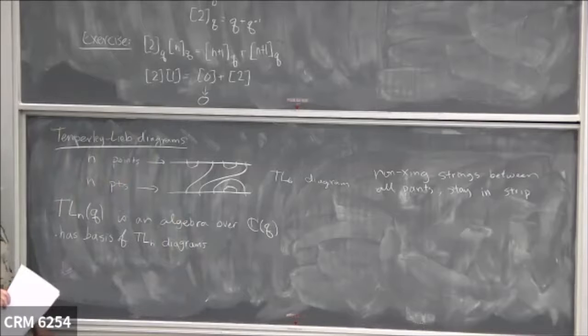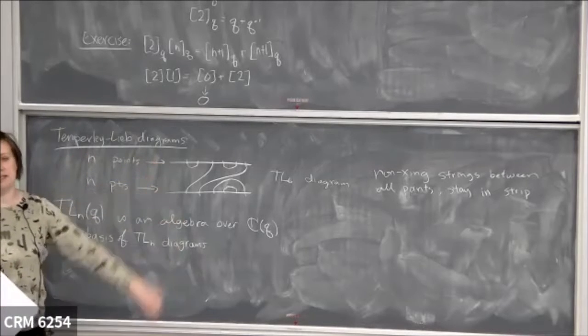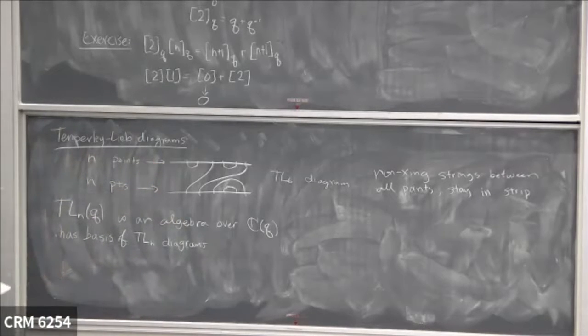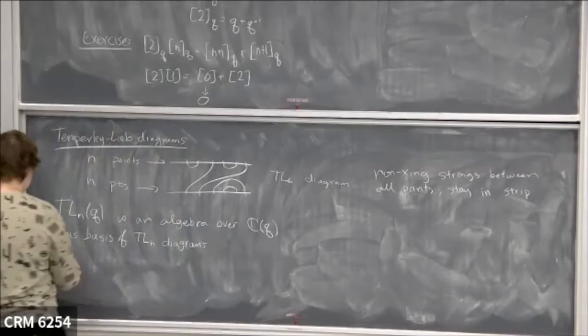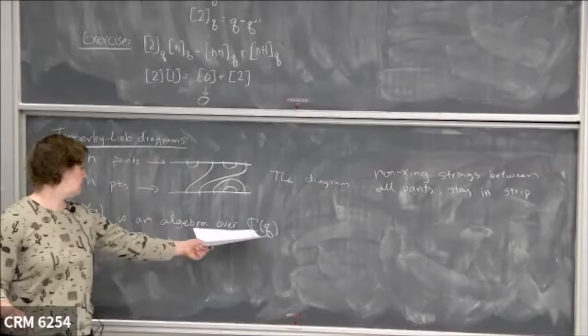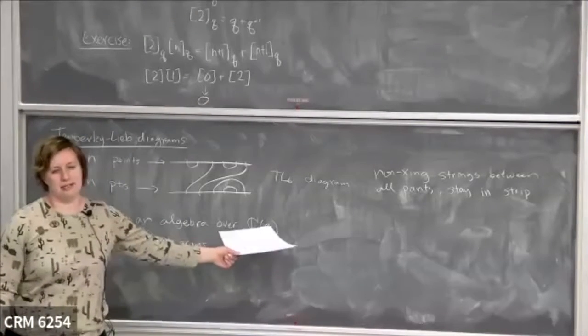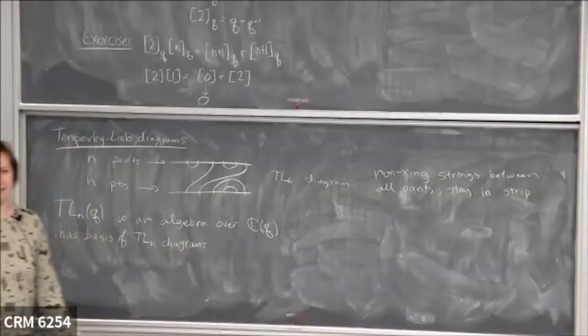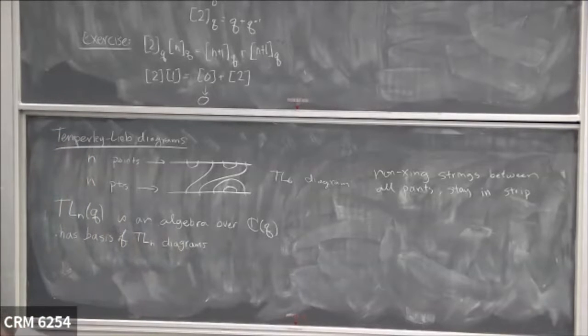For any fixed value of n, we throw in these diagrams and we say that they're linearly independent. I'm sorry, what do you mean by over C of q? For now, q is just an unknown variable, so I'm adjoining. Oh, I see. Okay. Yeah, we have not specialized q yet. Got it. Thank you.